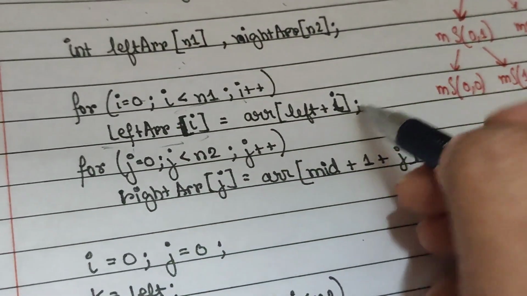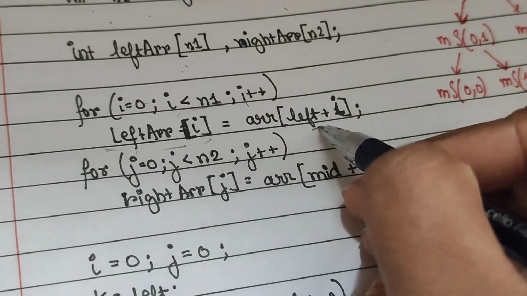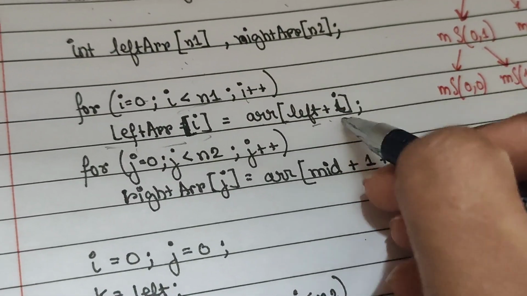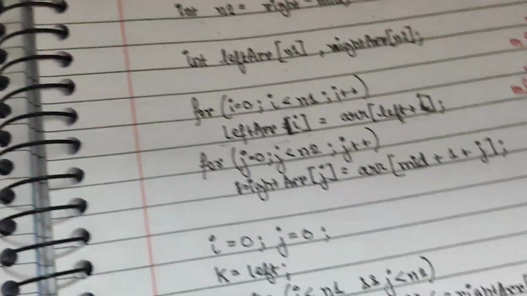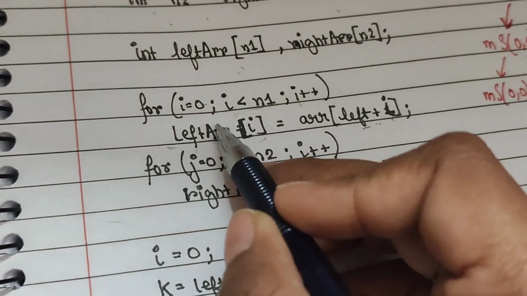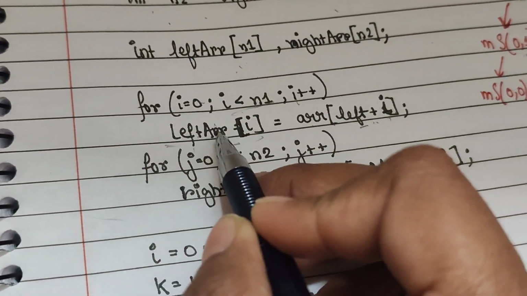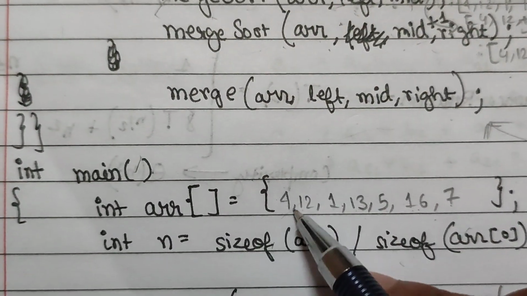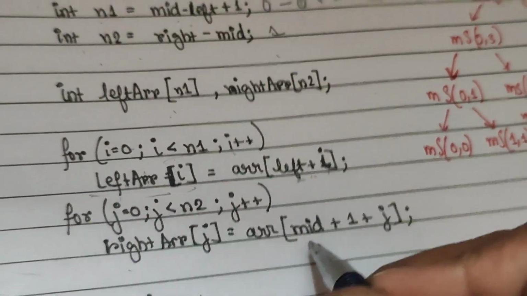In this loop, array of left index plus i, so 0 in this case, whatever is there, which means 4, will get transferred into the left array. So the left array currently has 4 in it, because it's the 0th element, and then in the right array we will store 12, which is the first element.